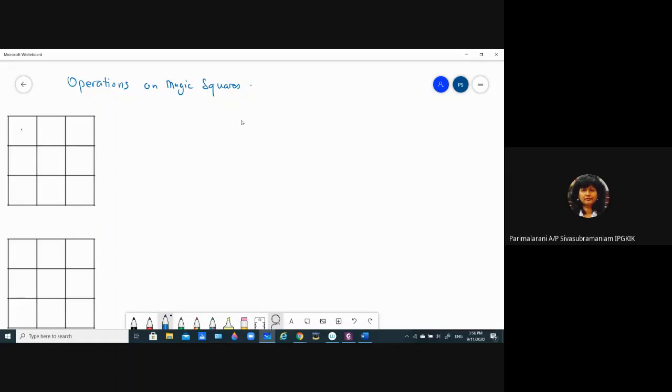Okay, say you have 1, 2, 3, 4, 5, 6, 7, 8, 9. Say you have a magic square like this. What happens when you add or subtract or multiply each entry in the magic square? Okay, let's see here.